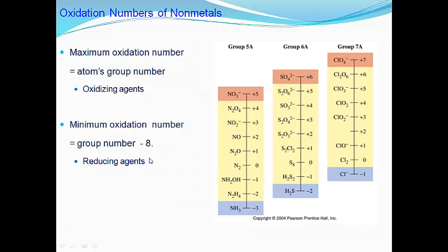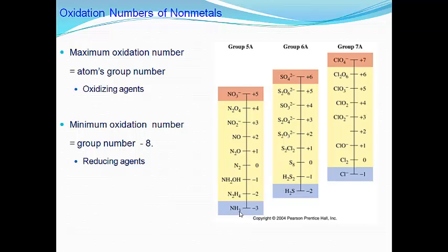And the same thing obtains for our ammonia, but it's the reverse. Because the nitrogen in ammonia is -3, this is the lowest or the minimum oxidation number, and that tells us that nitrogen cannot have an oxidation number of -4.